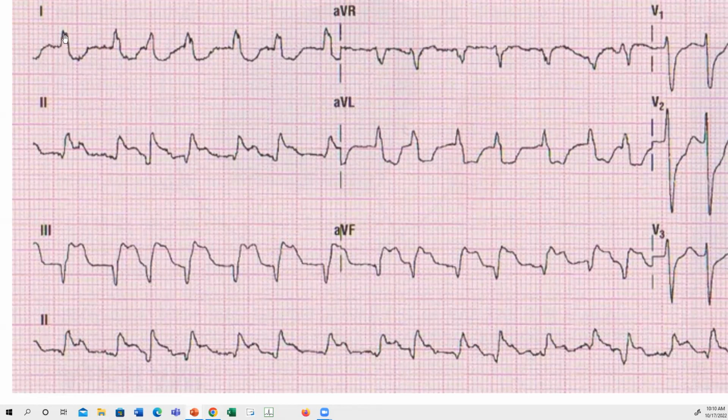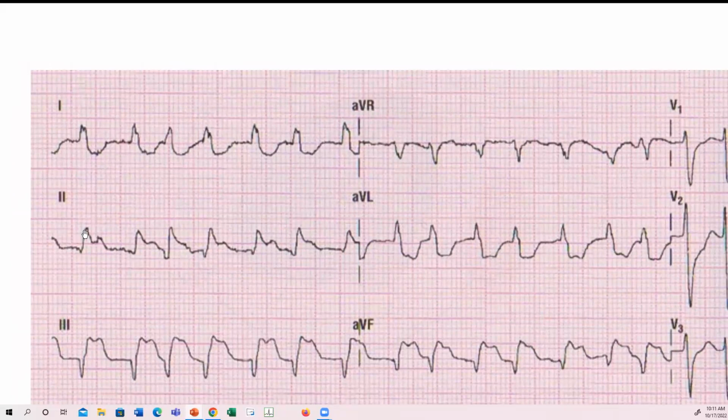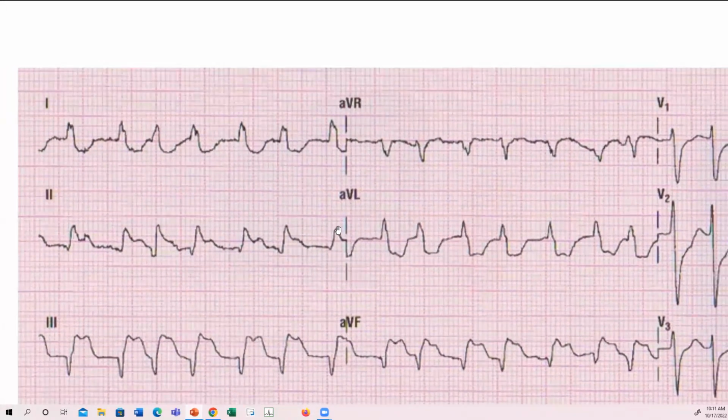The second thing is that we also see that the QRS complexes are wide, and it looks like there's slurring of the QRS complex. This brings to mind the possibility that there might be a bundle branch block. The reason why we suspect a bundle branch block is that there's going to be notching of the R waves, which is a manifestation of a bundle branch block.